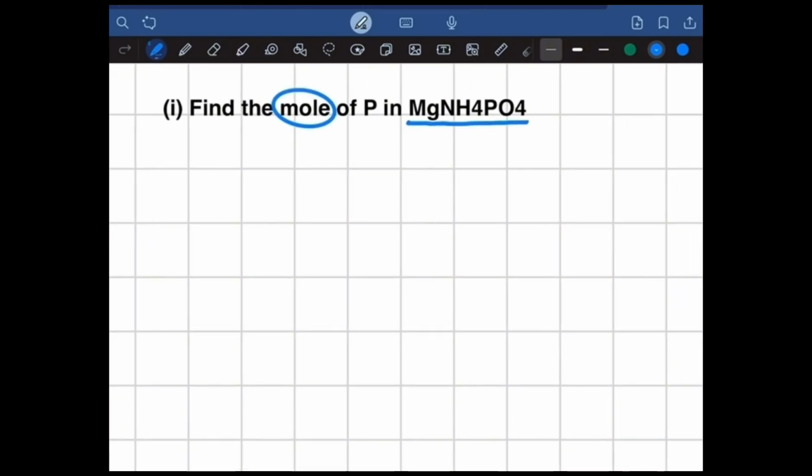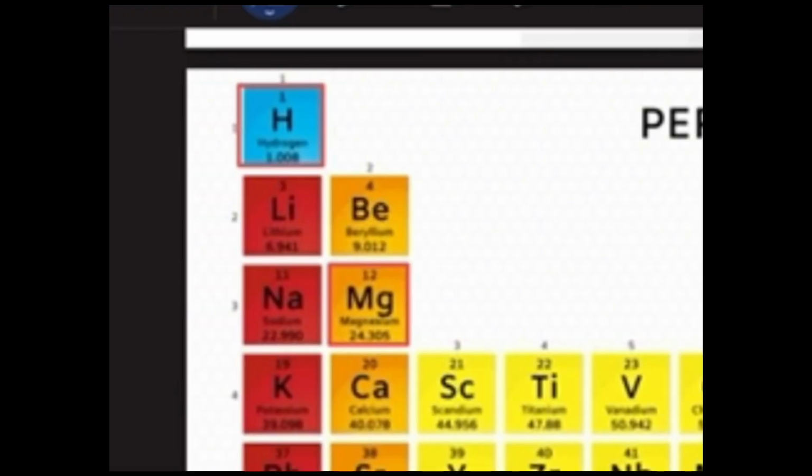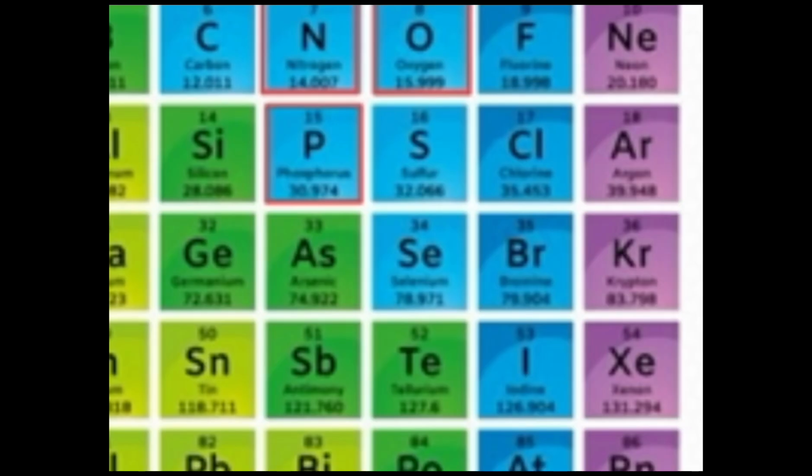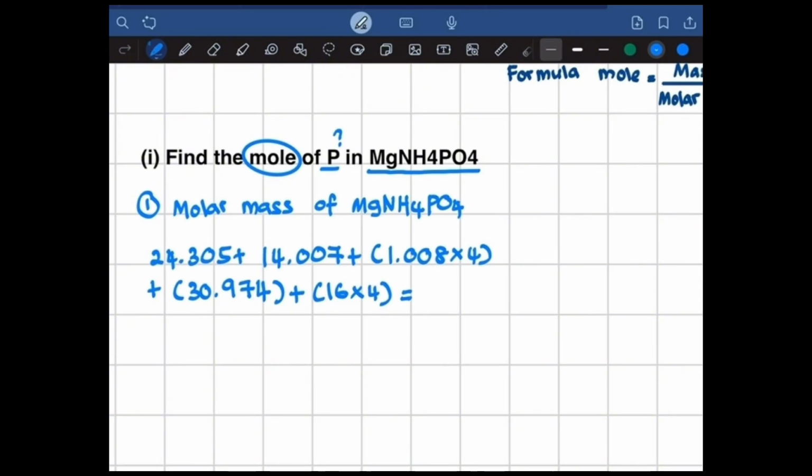In the first question, we need to find the moles of phosphorus in magnesium ammonium phosphate. So here we can see the mass of hydrogen and magnesium, and here is the mass of nitrogen, oxygen and phosphorus. So the molar mass of magnesium ammonium phosphate is 137.32 g/mol.